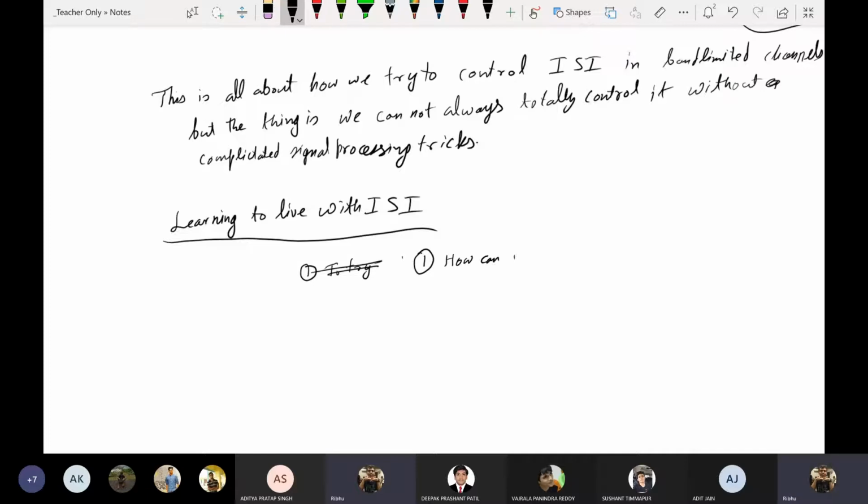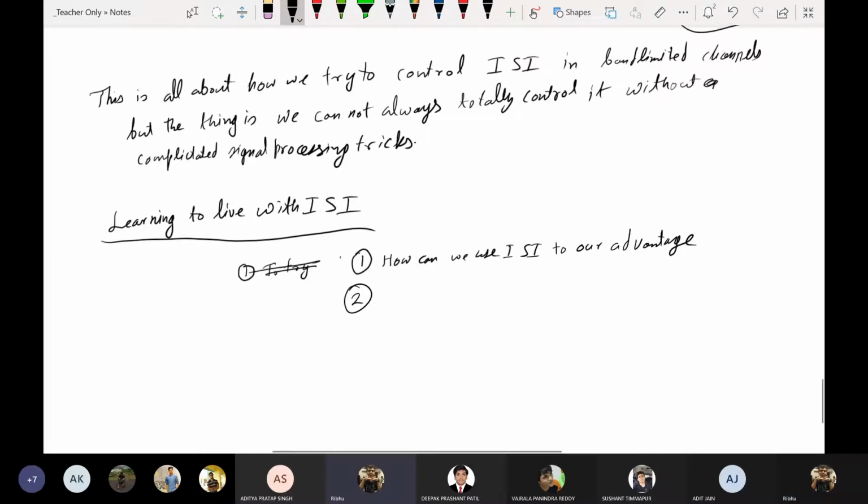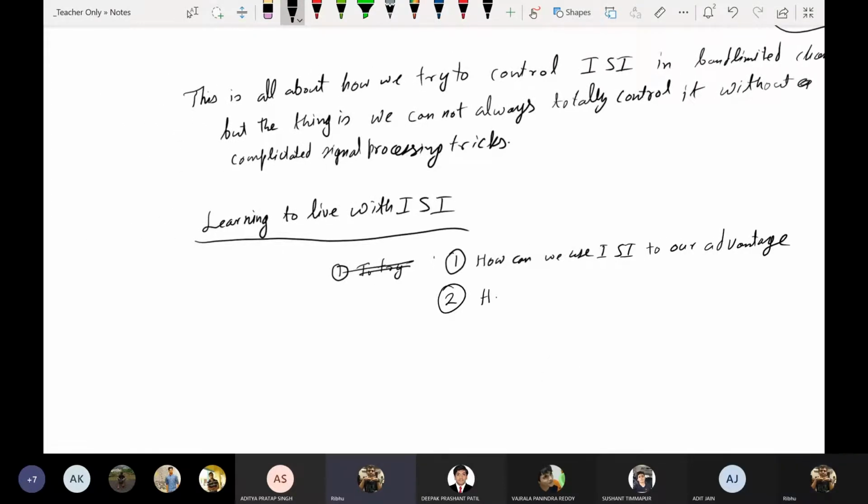how can we use ISI to our advantage? Two, how does this affect the system performance?